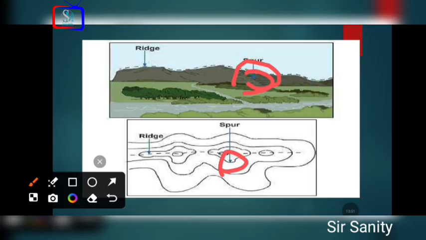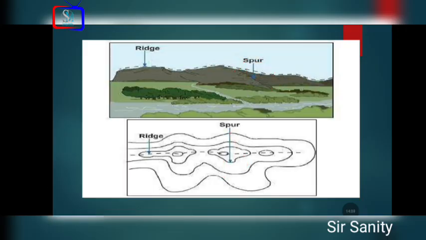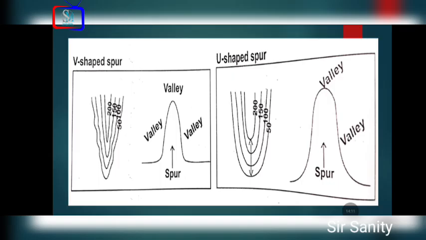So on the graph, you will see that this small place here has projected out, telling you that the place is a spur, and here is a ridge, made up of lowlands and highlands, synclines and anticlines. You could see those there. So this is how it is also shown on the map. That is the spur, with V-shape and U-shape spurs.